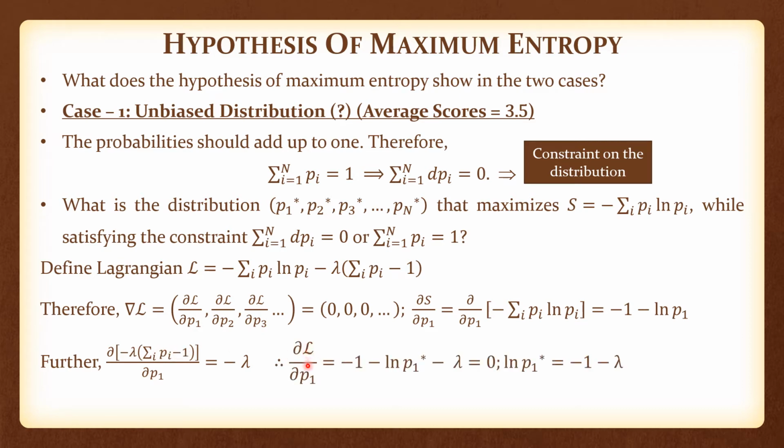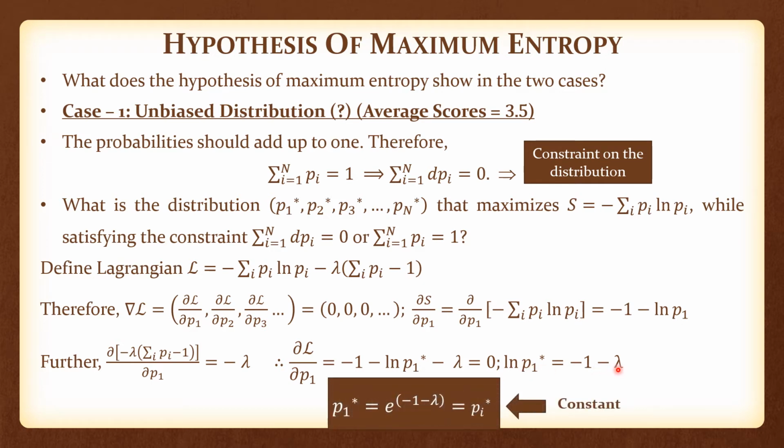Therefore, dou L dou p1 is equal to minus 1 minus ln p1 star minus lambda, and because I am setting this equal to 0, this gives me ln of p1 star is equal to minus 1 minus lambda. In other words, p1 star is e power minus 1 minus lambda. But notice that this p1 star is fully a constant, because 1 is a constant and lambda is a constant. We don't know what that constant is yet.